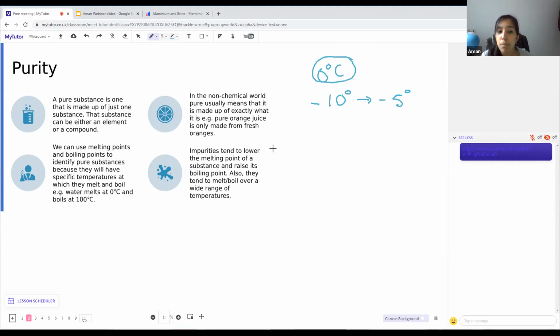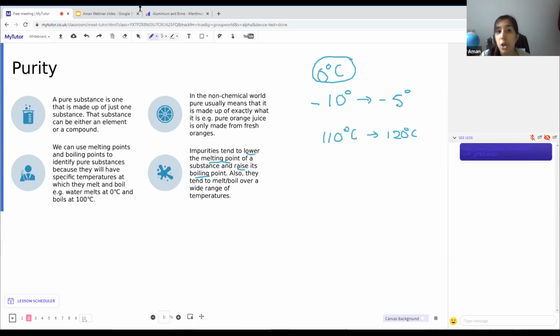So if something is impure, it tends to lower the melting point and raise the boiling point. So the boiling point of our impure substance might be 110 degrees, for example, and it might boil over 110 to 120 degrees. They tend to melt or boil over a wide range of temperatures. So how we can tell if something is pure versus impure is about the temperatures that it melts or boils.